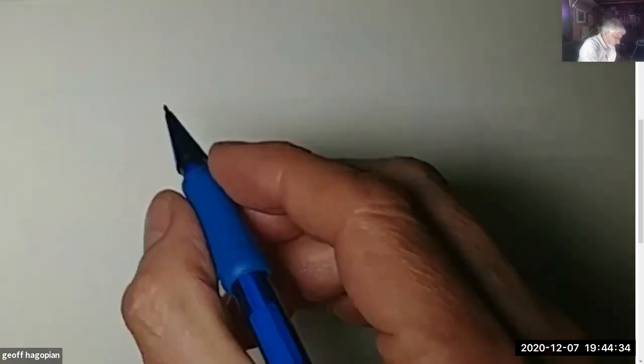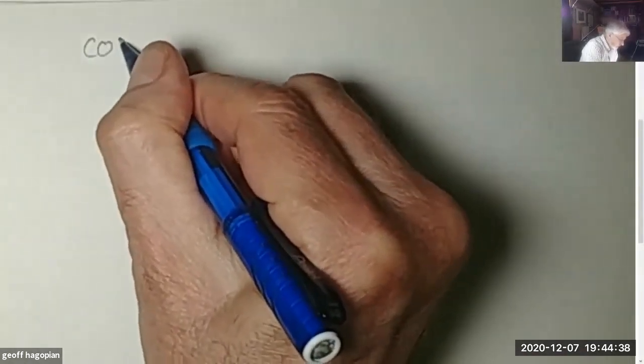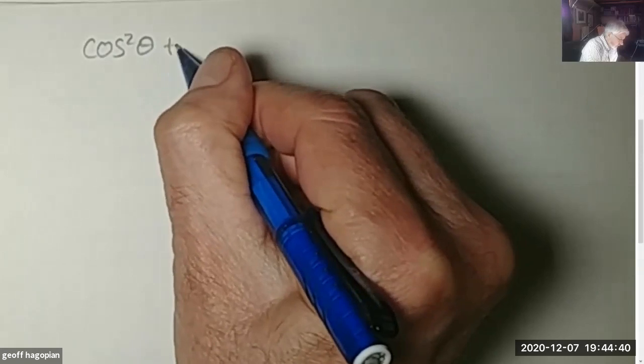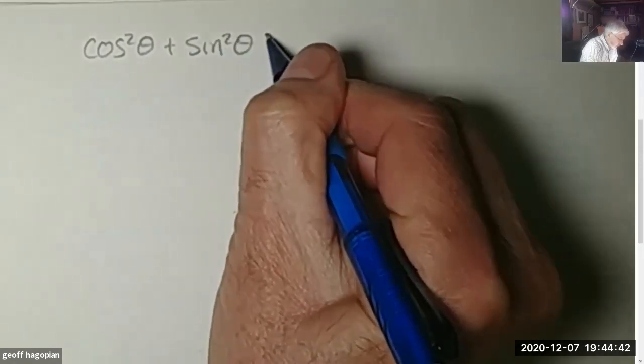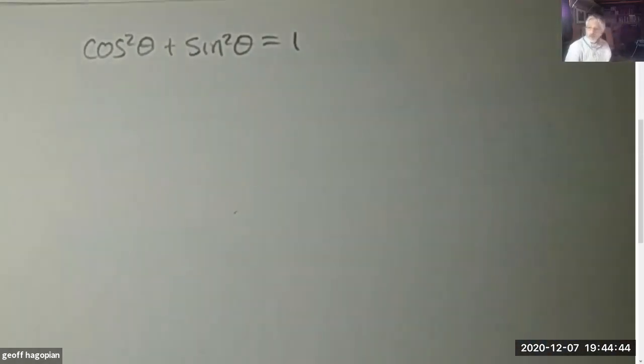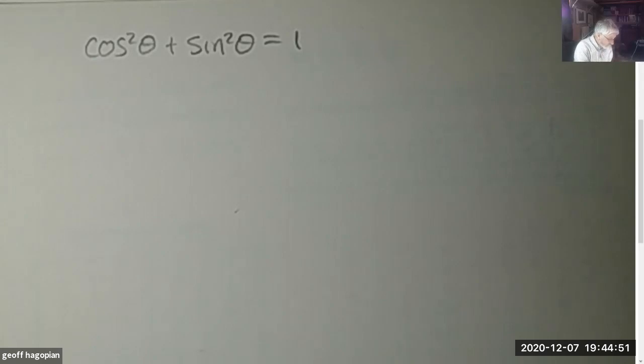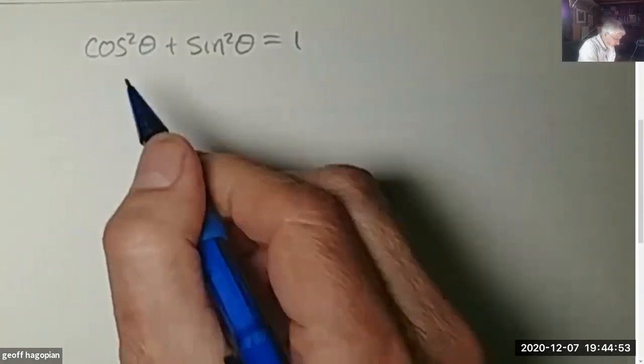Okay, so remember the identity, cosine squared theta plus sine squared theta equals 1. And we use that to parameterize an ellipse, which I'll remind you about in a bit. But let's take a slightly different approach.